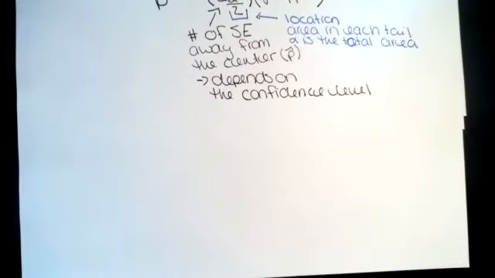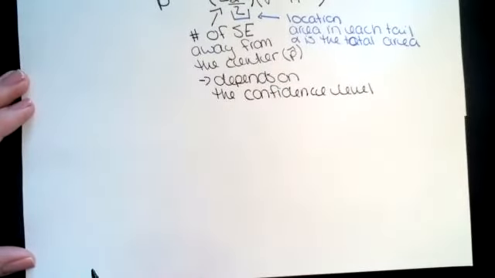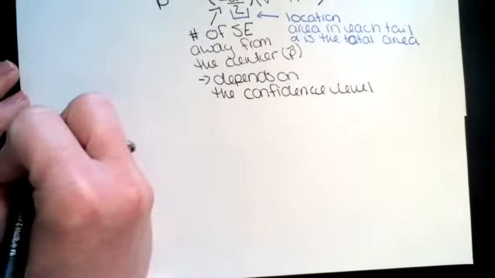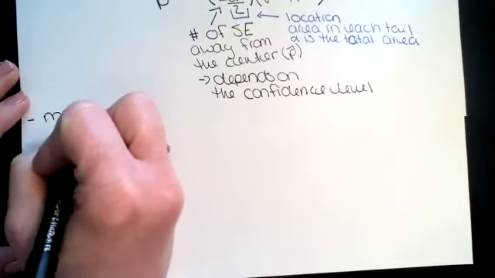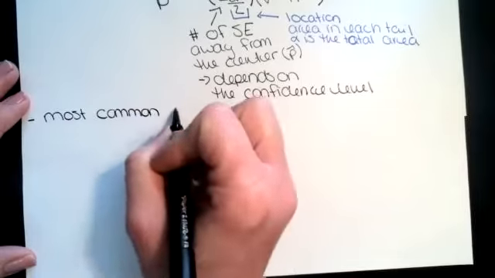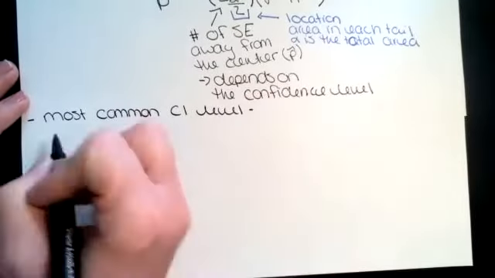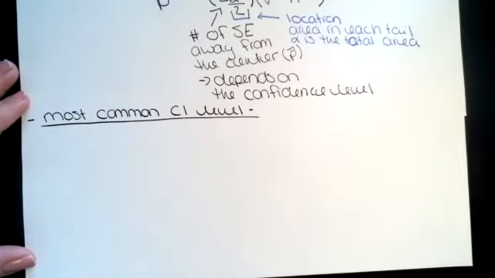So let's just take a look at the most common Z values, or most common confidence levels. We'll take a look at these most common CI levels: 90, 95, 99.